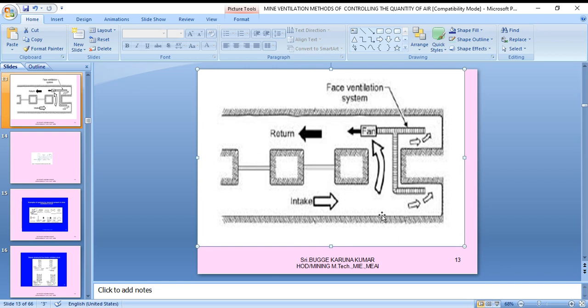If it is ventilating, fresh air will go inside, ventilate, and then go to the return airway. Some fresh air will be added here. So this is the intake airway and the return airway. The air goes inside, comes to this side, is ventilated here, and returns to this side. So this is one model of controlling the air system. Please go through it.